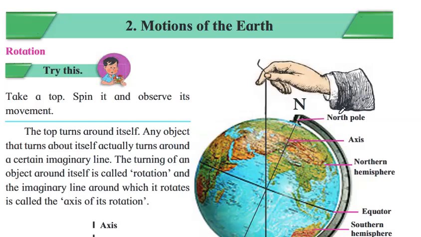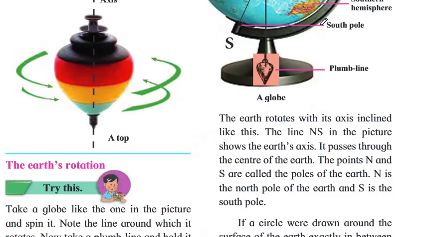Northern North Pole axis, northern hemisphere, equator, southern hemisphere. South Pole, plumb line, a globe, a top, the Earth's rotation. Try this. Take a globe like the one in the picture and spin it.